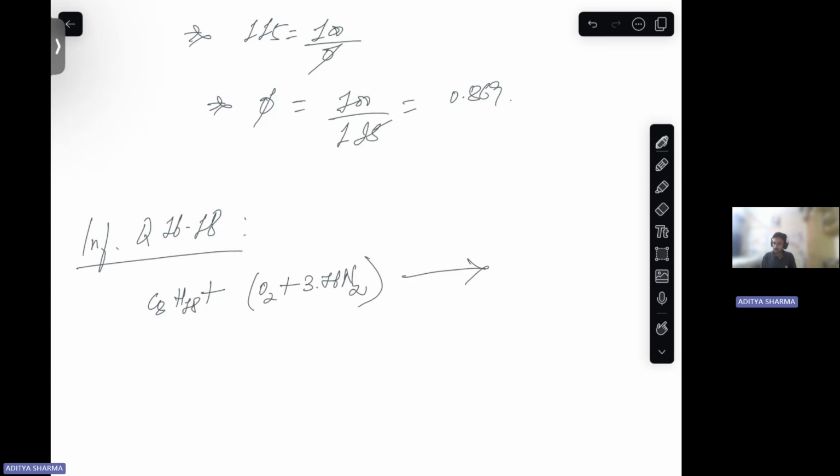Let us suppose that the percentage is not given, but these are the moles that have been given.